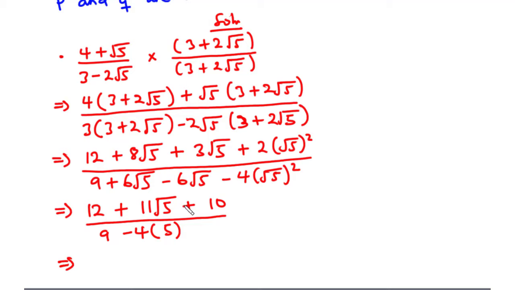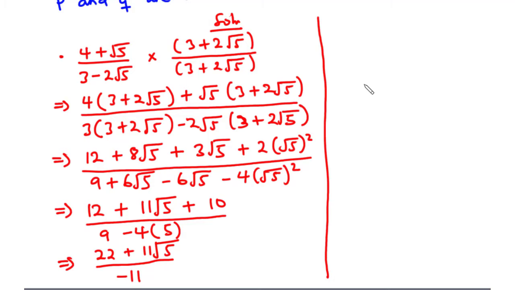So we have 12 plus 10, which is 22, plus 11 root 5 divided by, now negative 4 times 5 is negative 20, and then 9 minus 20 is negative 11. So we have negative 11 here. So we have 22 plus 11 root 5 divided by negative 11.